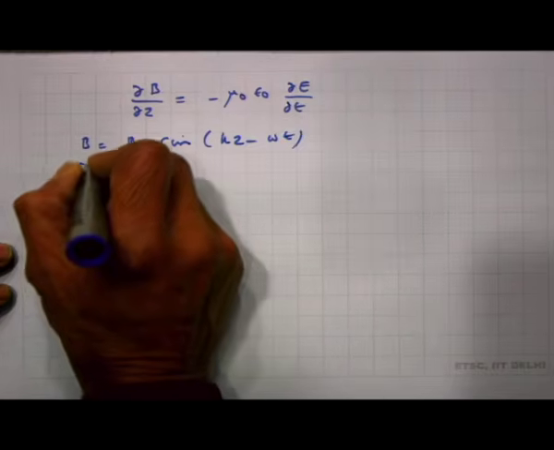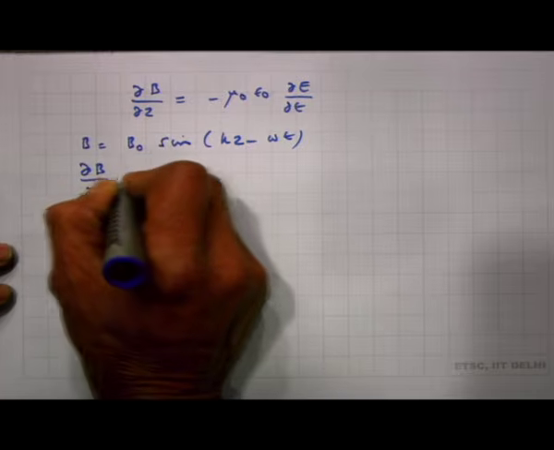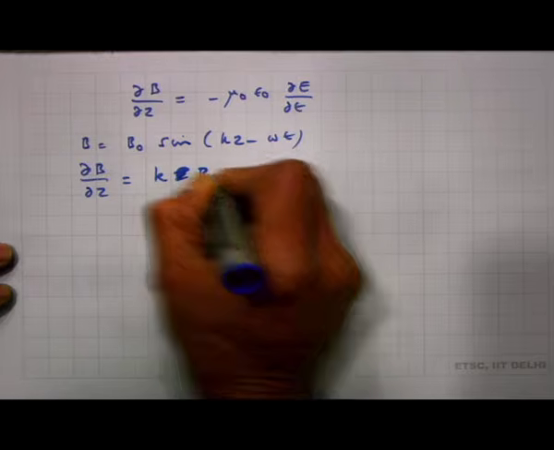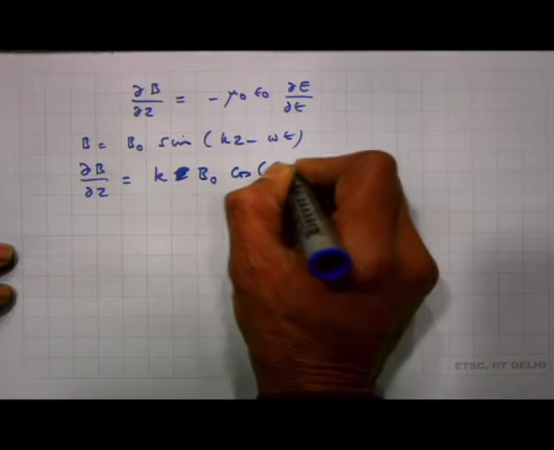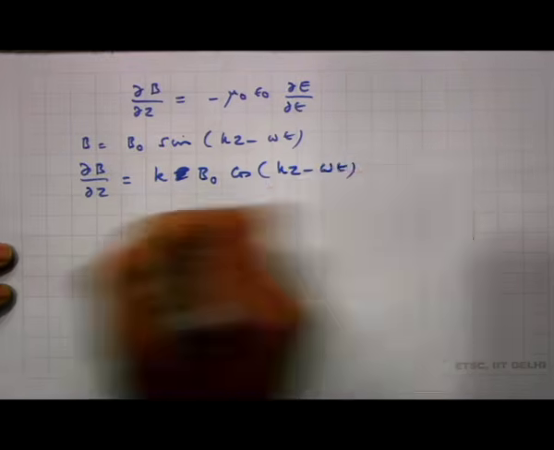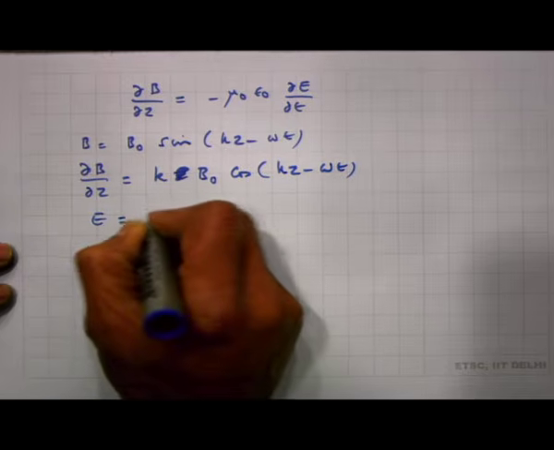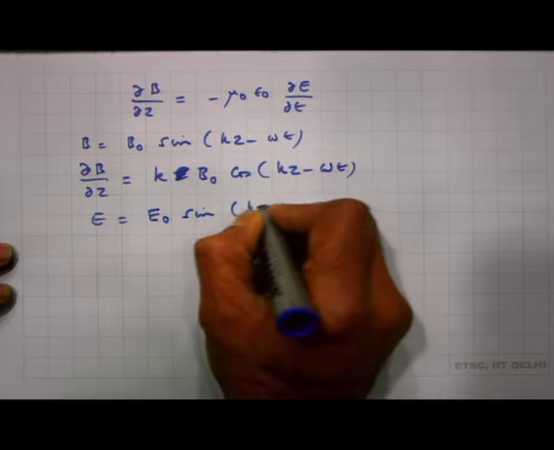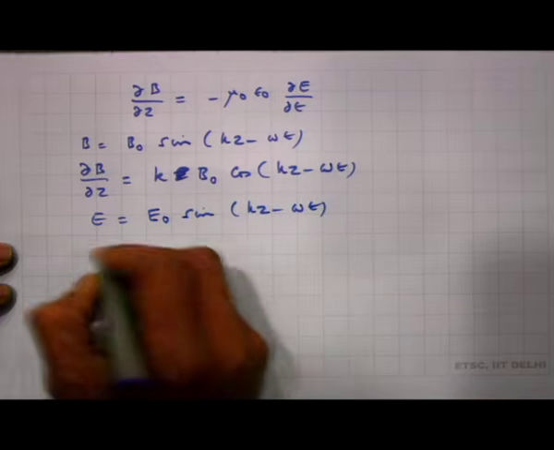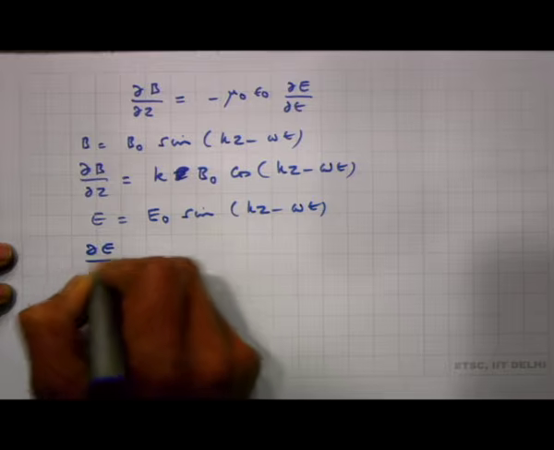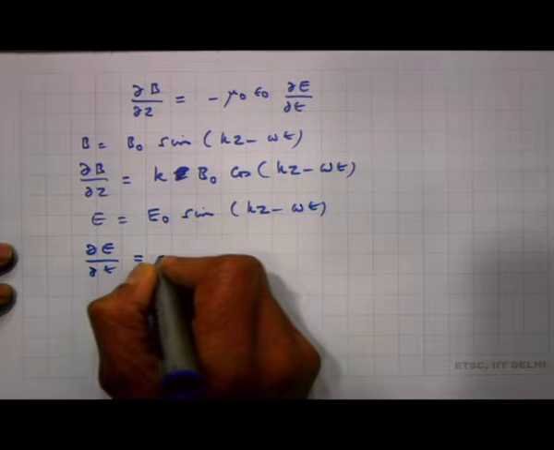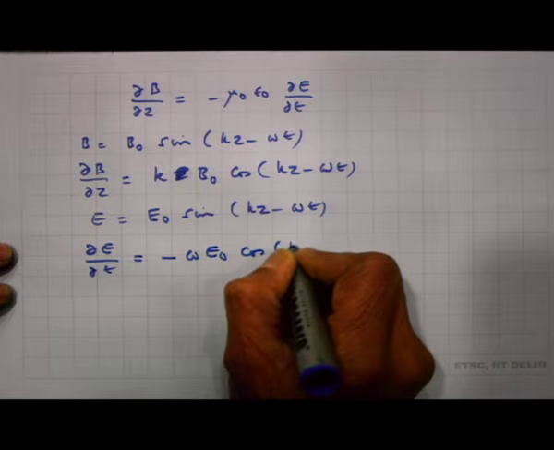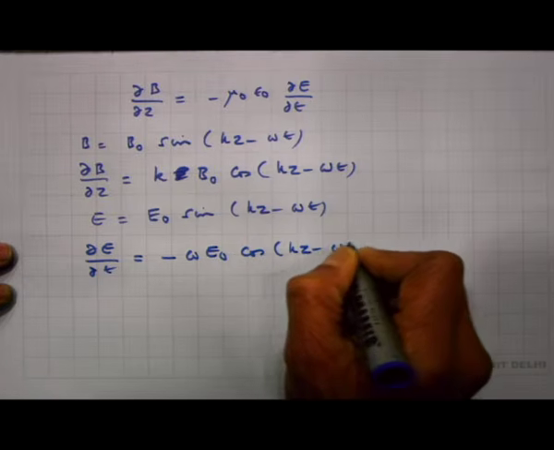So, del B by del z is equal to k B naught cos of k z minus omega t. E was given by E naught sin of k z minus omega t. So, del E by del t is equal to minus omega E naught cos of k z minus omega t.